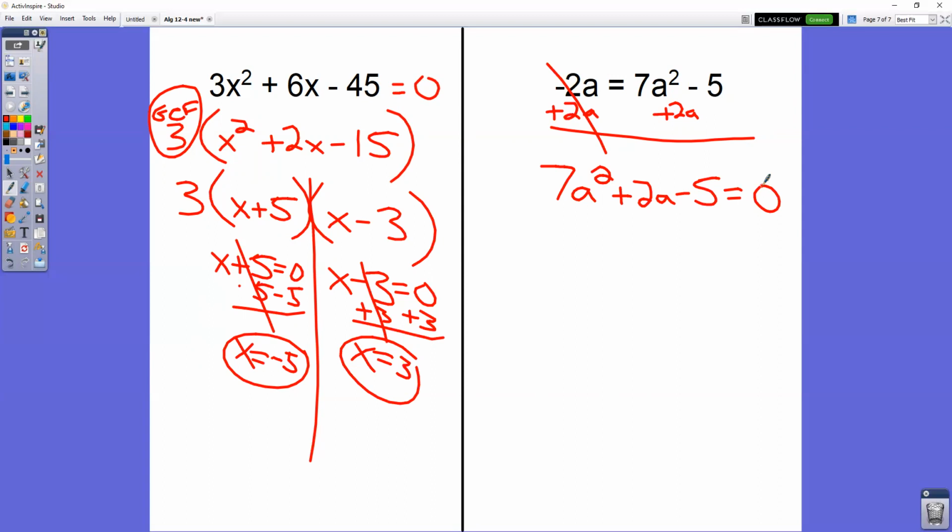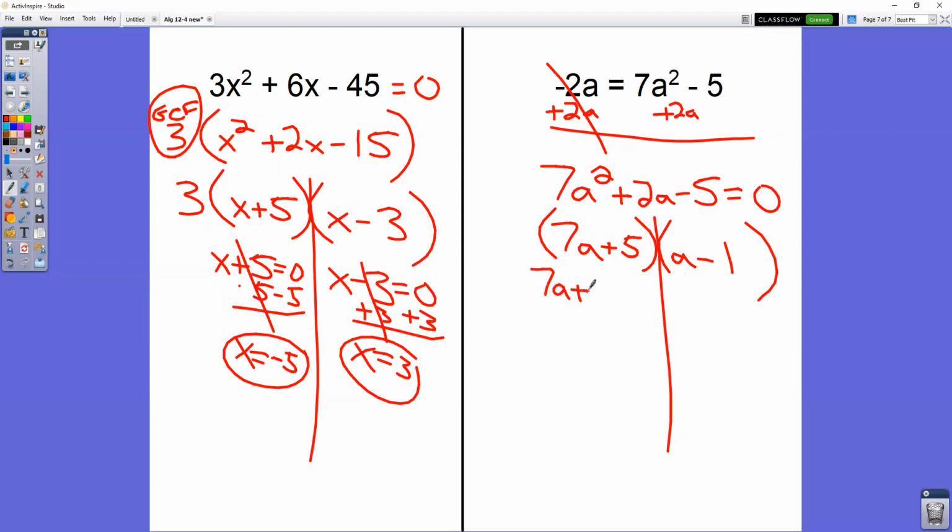This one ends up being, 7 doesn't go into 2 or 5, so we have to do this with 7a and a. What times what is negative 5 that adds up to 2? It would be a plus 5 and a minus 1. Draw your line down the middle. Set both sides equal to 0.